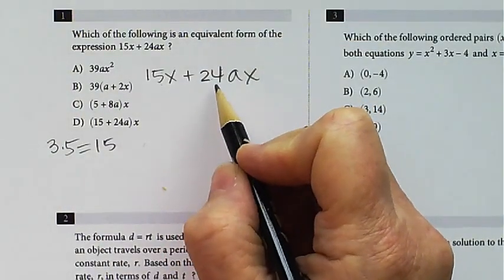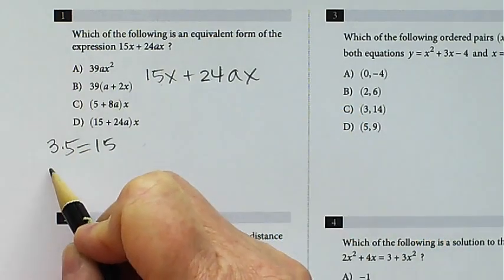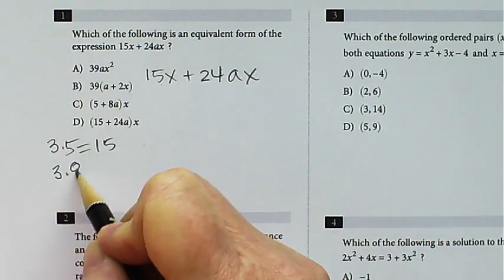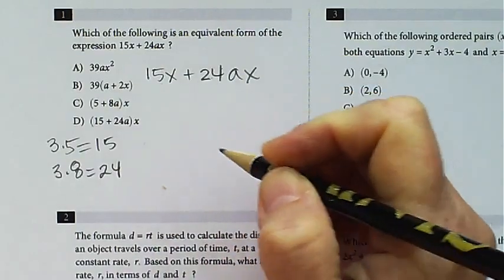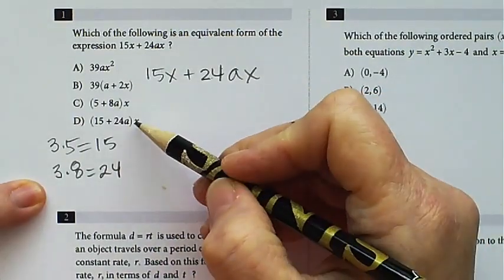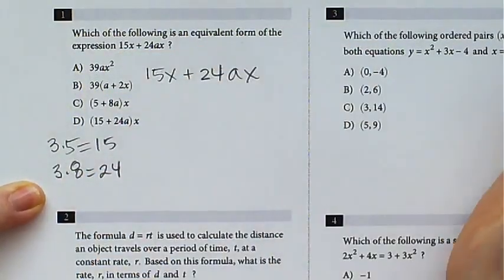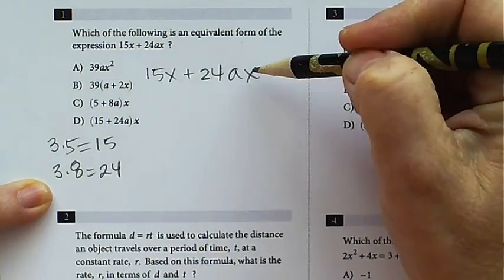And 24 is also a multiple of 3. But actually, they did not factor out the 3. So the only thing that got factored out, it looks like, is the x.